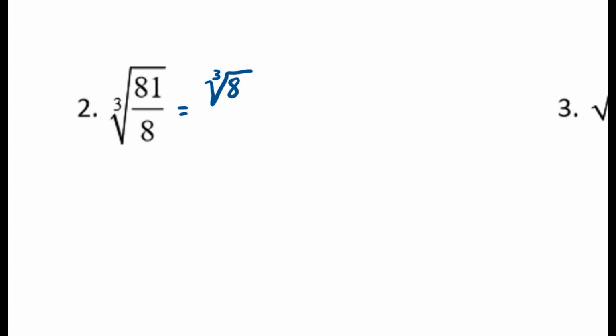In a similar way, I can use the division property, and I have the cube root of 81 over the cube root of 8. 8 is a perfect cube, which allows me to simplify the denominator to 2. And in the numerator, I want to look for a perfect cube. So 81 divided by 3 is 27, and 27 is a perfect cube.